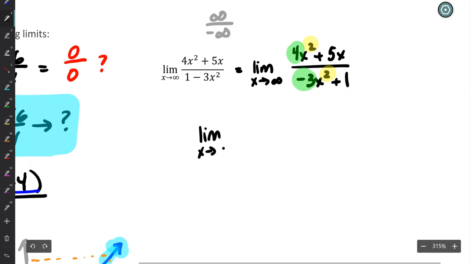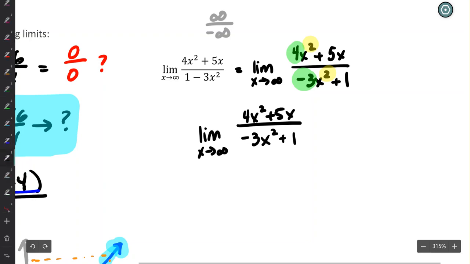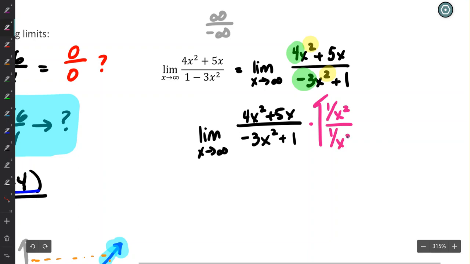Limit as x goes to infinity of 4x squared plus 5x all over minus 3x squared plus 1. We multiplied by 1 in the form of 1 all over the highest power of x in the denominator, and then something over itself is a big fancy 1.